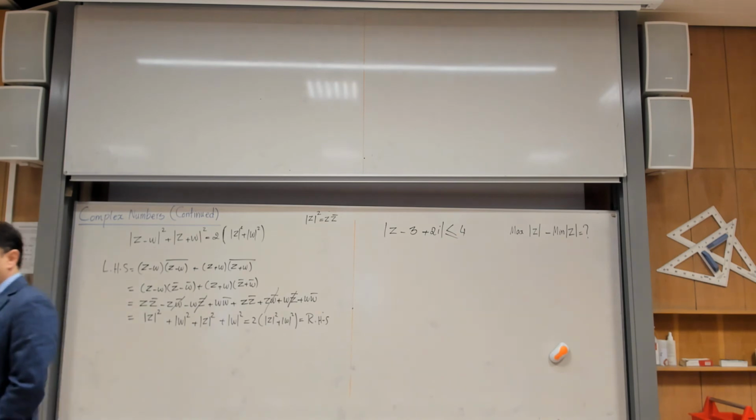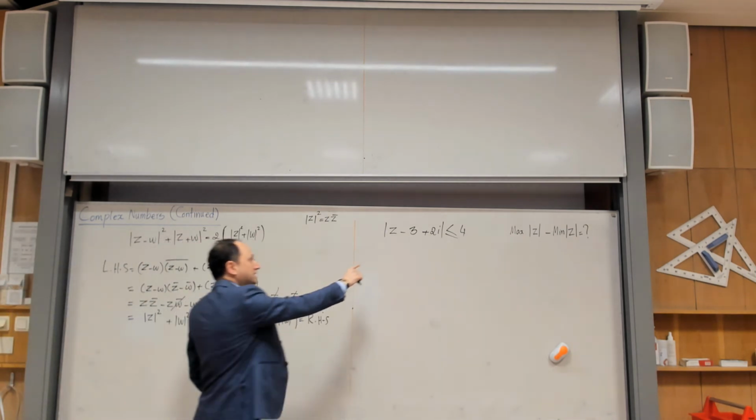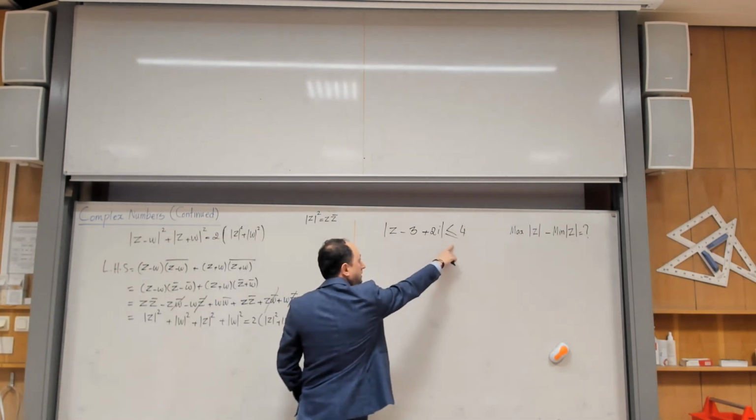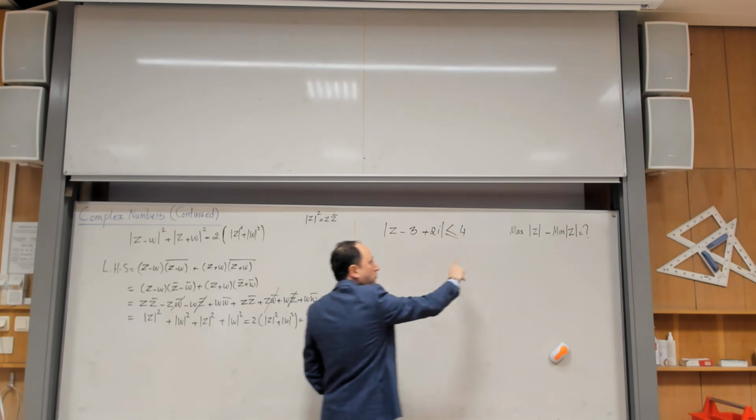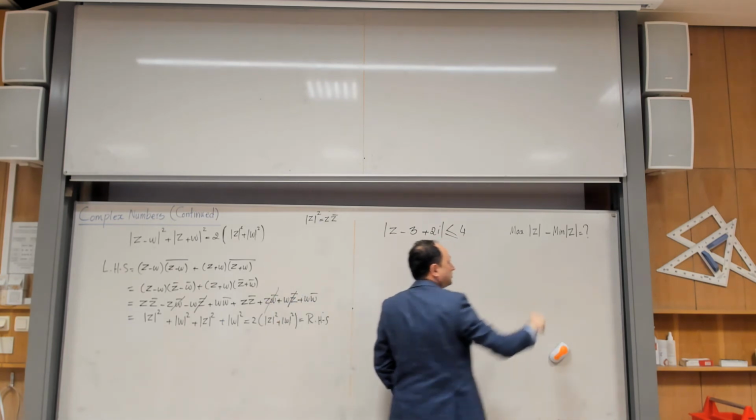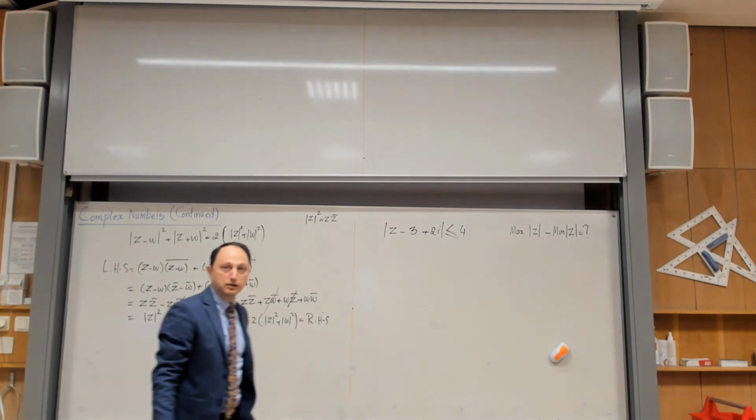It's a nice problem. The algebra is not involved, but it is conceptually a good problem. So z is a point that satisfies this inequality. There are infinitely many points, we will see why. Among all those points, I want to calculate the maximum minus the minimum of the absolute values.